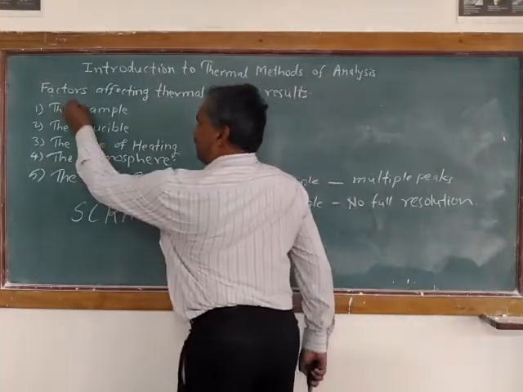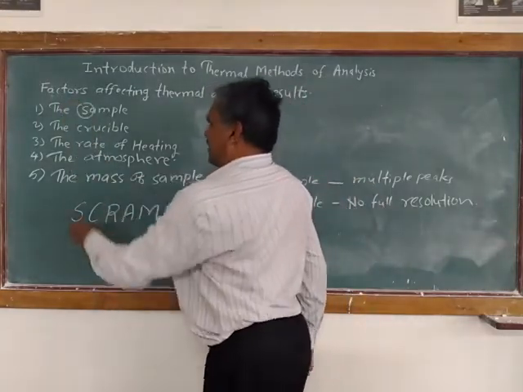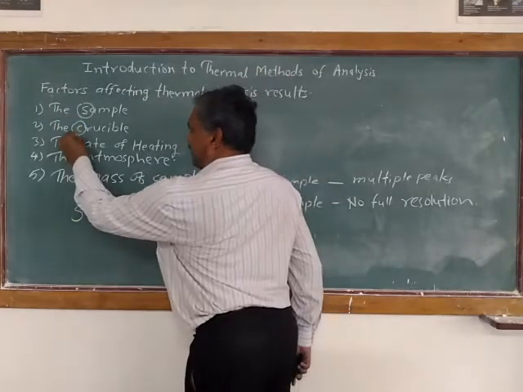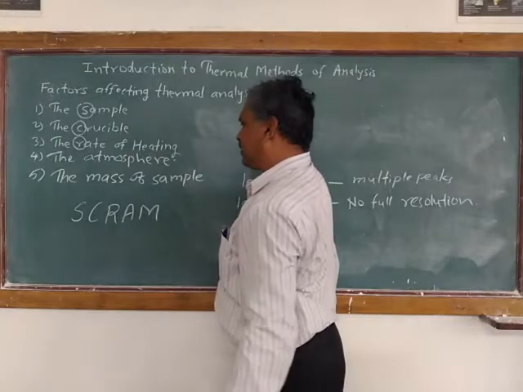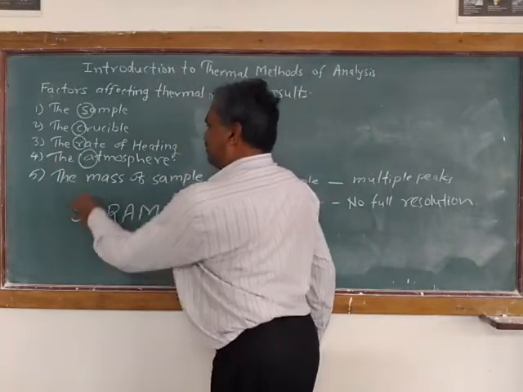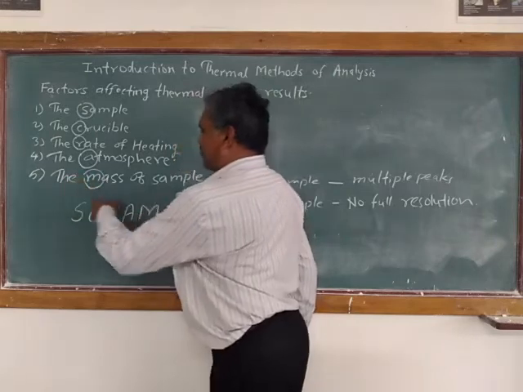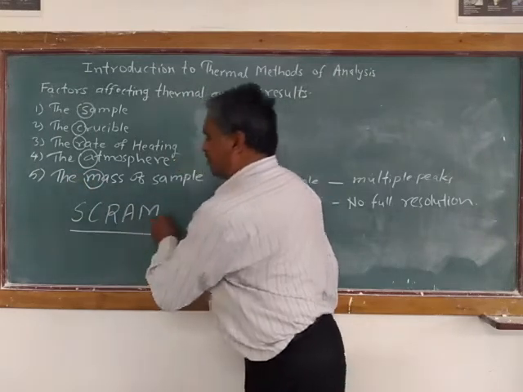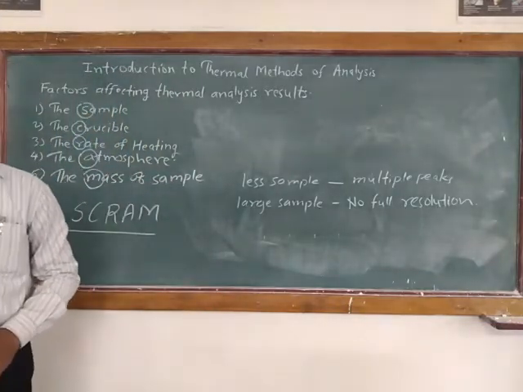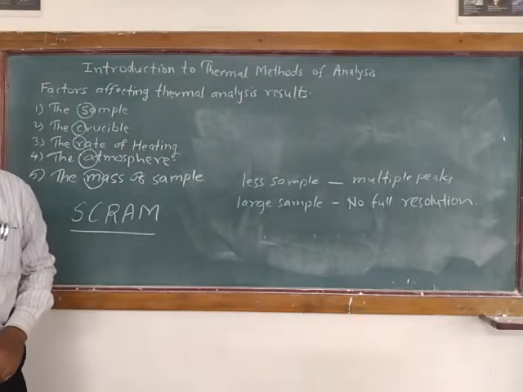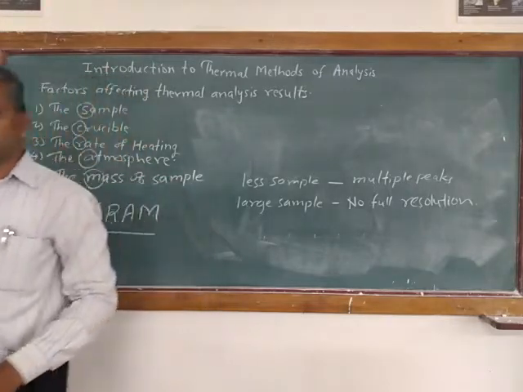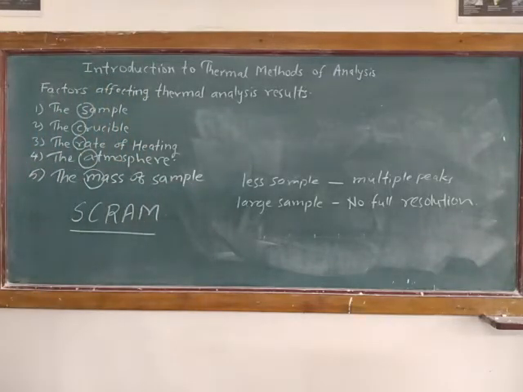SCRAM: S is sample, C is crucible, third one is the rate of heating, A is atmosphere, and M is the mass. So this is what is meant by SCRAM. This acronym is helpful to remember the factors which are affecting the thermal analysis results.